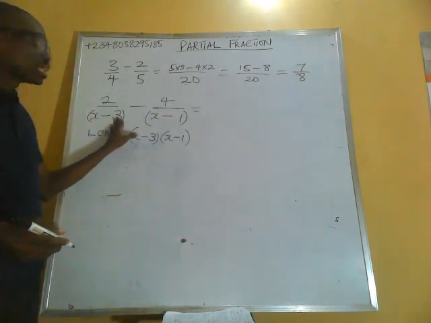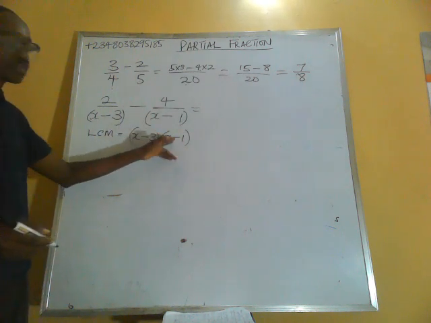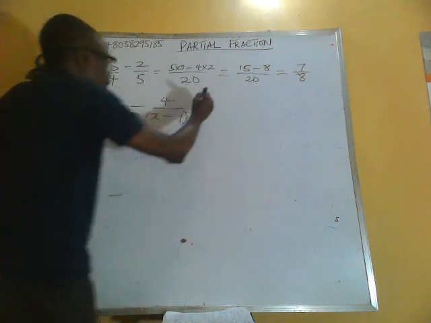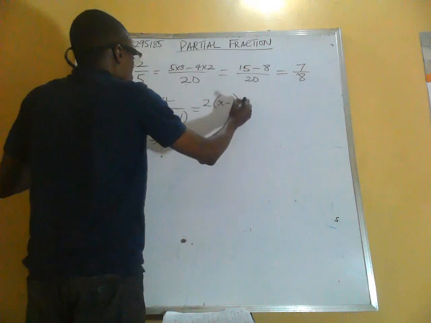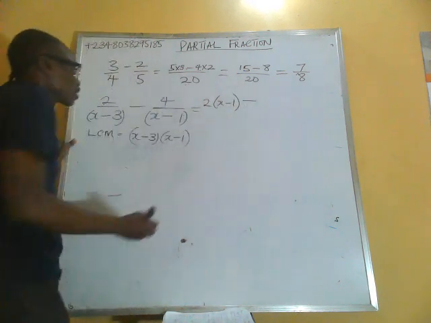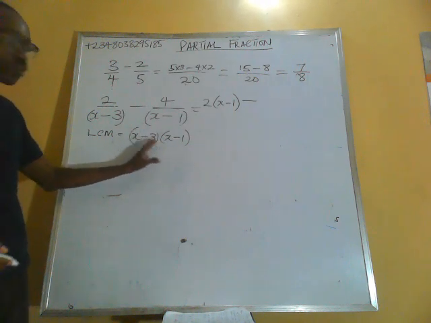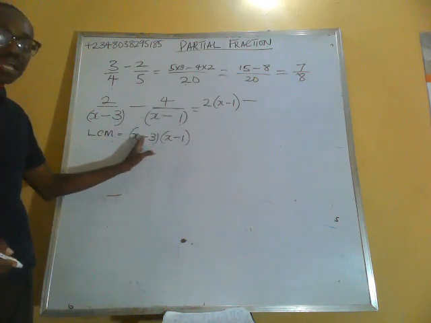Solving further, x minus 3 in x minus 3, x minus 1 will give you x minus 1. So this will be 2 into x minus 1, minus, for this side, x minus 1 in the LCM, x minus 3, x minus 1. x minus 1 will cancel x minus 1, so you are left with x minus 3.